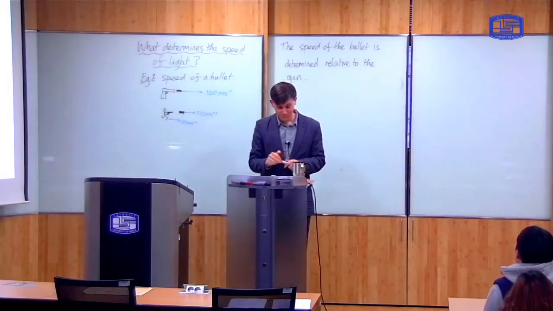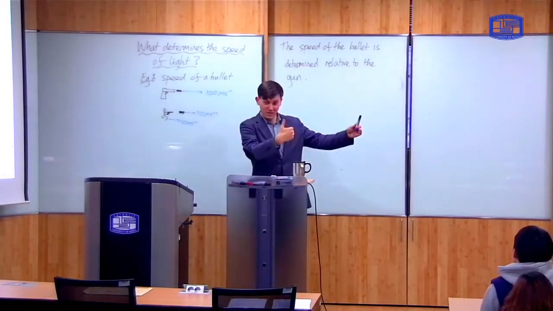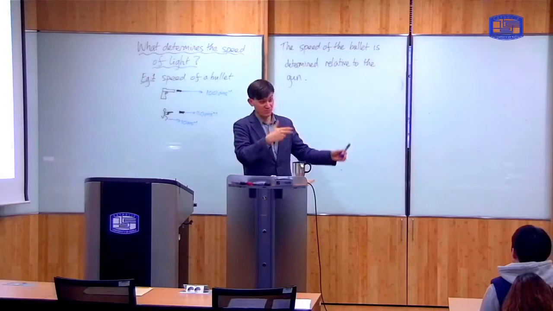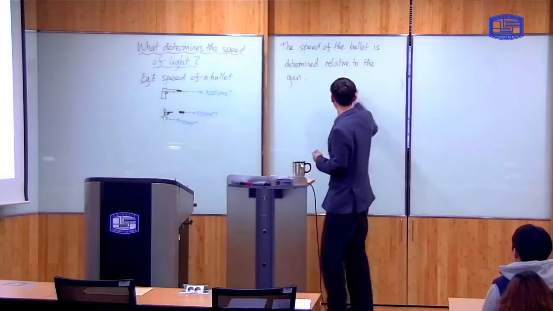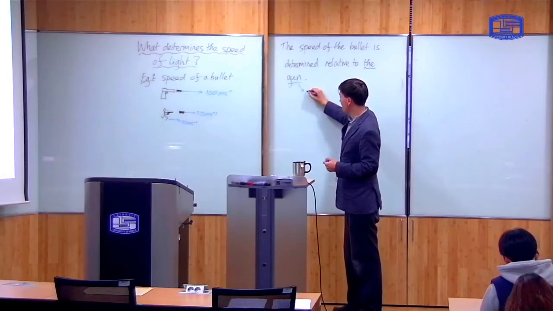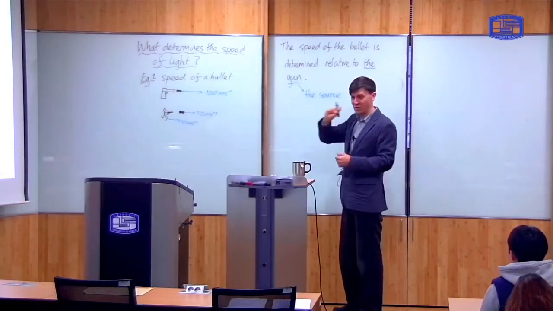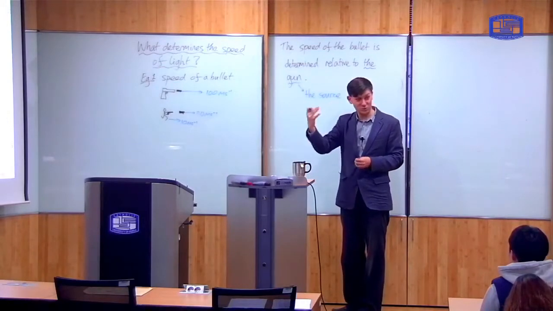If I change the speed of the gun, then that changes the speed of the bullet fired from the gun. And the general term for the gun in this example is the source, the source of whatever I am emitting. So the gun is the source of the bullets.